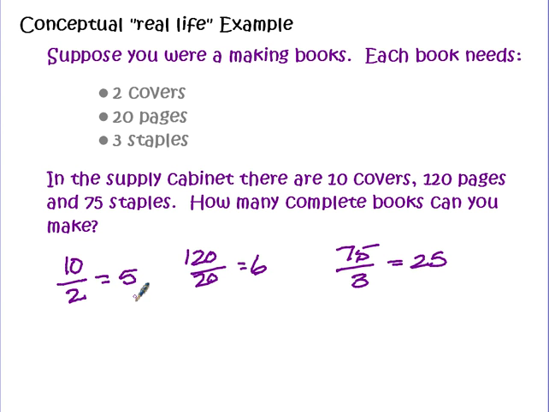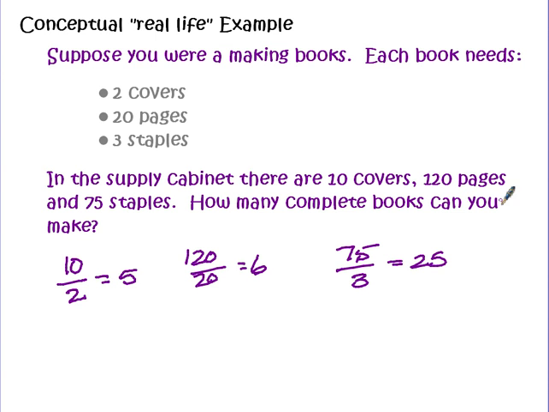So you can see that our limiting reactant, the thing that's going to run out first, is going to be the covers. And it'll only allow me to make 5 books. Let's look at this process that we went through here. I first took a look at my recipe for making a product.